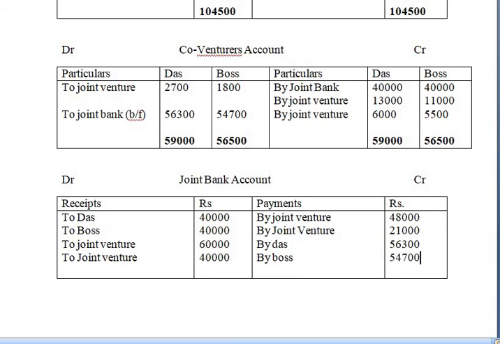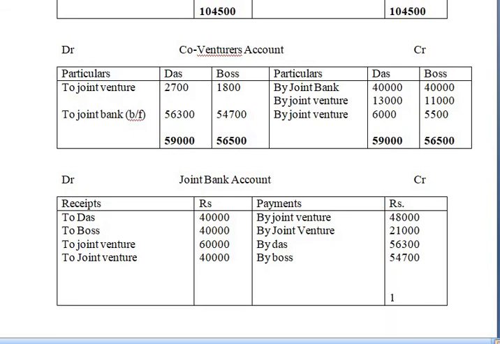Now make a balance of joint bank account. So joint bank account is balanced for 1,80,000 in both the side. 1,80,000, and here also 1,80,000. Now the solution is over.